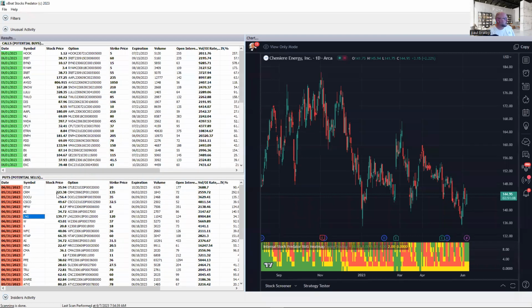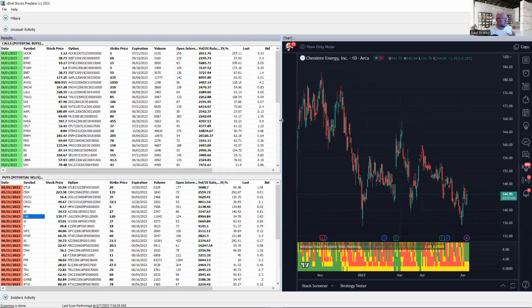The whole idea of the Stocks Predator is to identify initial fundamental and options activity that will draw us to a specific stock. Then it's our job to find a reason not to take that trade, and that's what we use the technical indicators for, whether that's the buy step heat map or the xBrat algo. If we can't find a reason to get in this trade, we're not going to trade it. That's the whole idea of this.